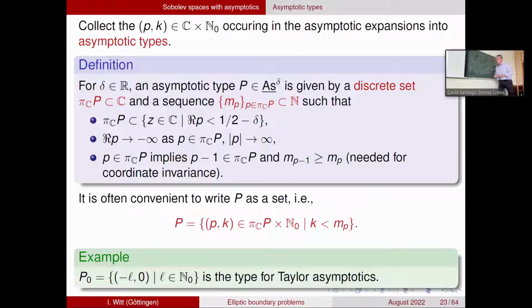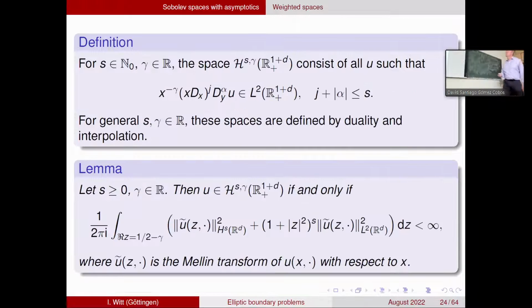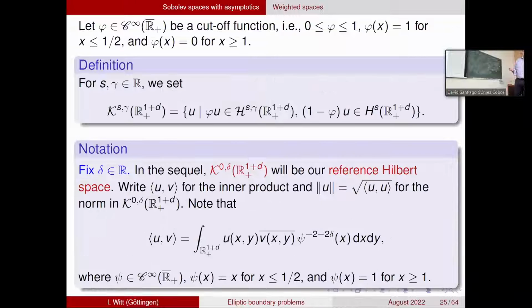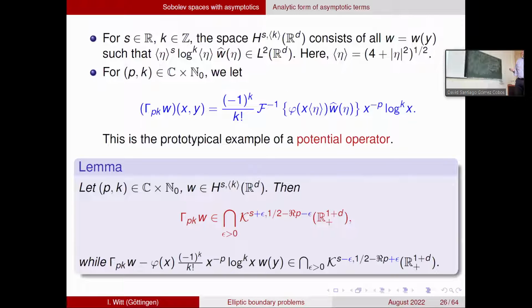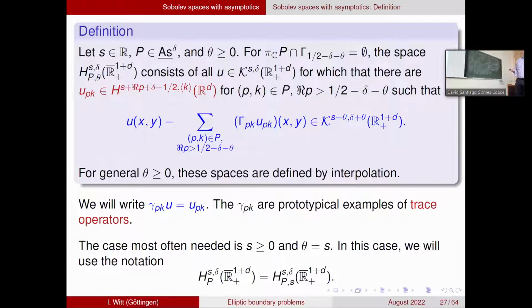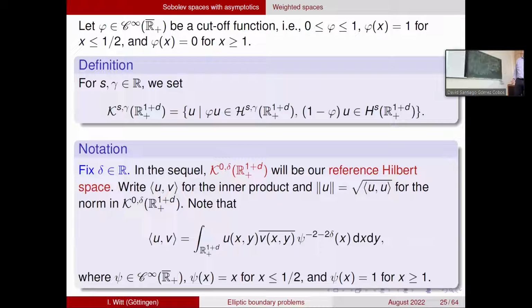Now we want to define our spaces. I'll show you the spaces we are going to define. These are the spaces I'm interested in, and we do it in three steps.